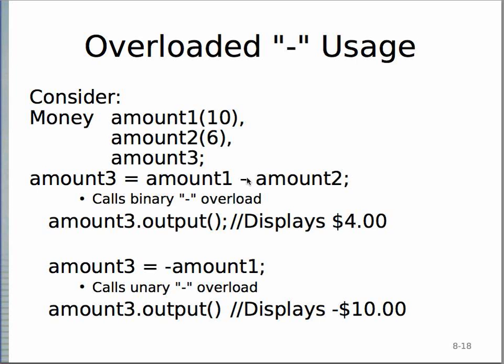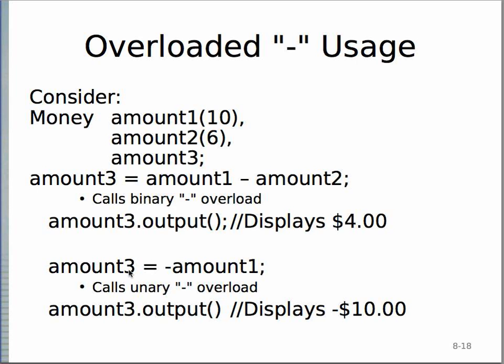So you'll have a minus operator that's an overloaded standalone function with two operands. This is the first one, this is the second one. If you were to do this, you would subtract the 6 from the 10 and it should display $4 if you call the output member function.